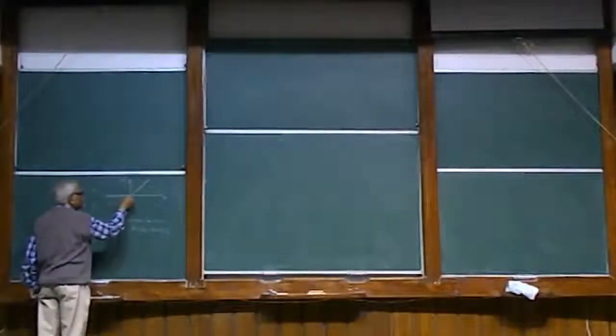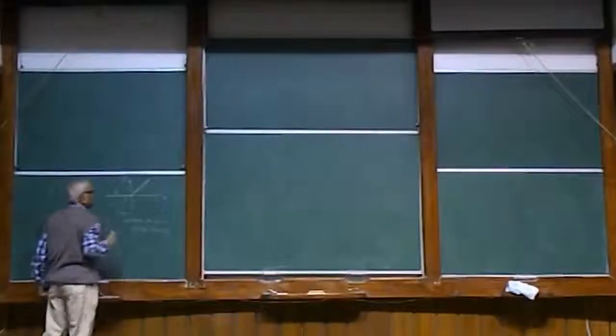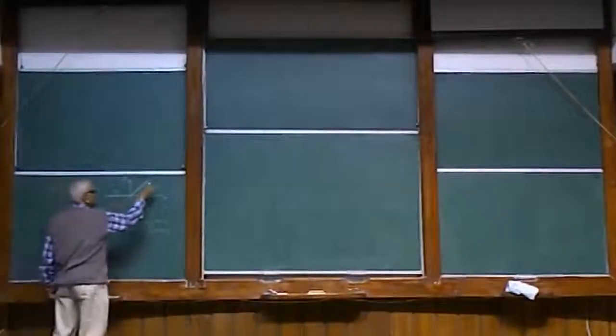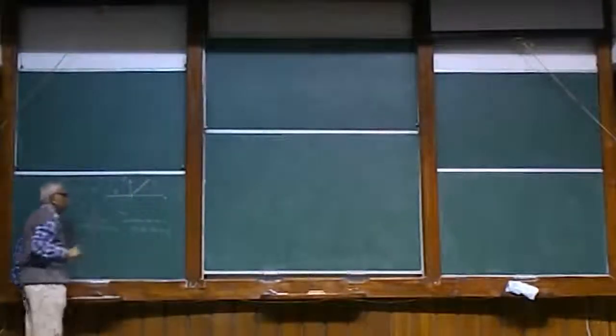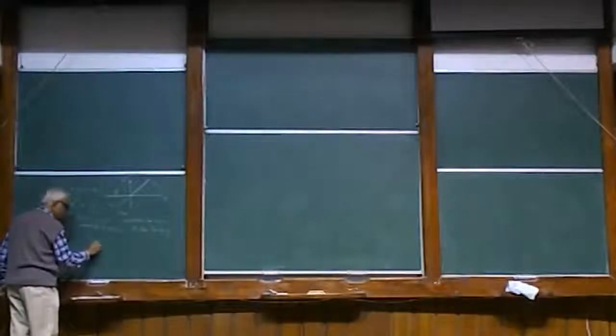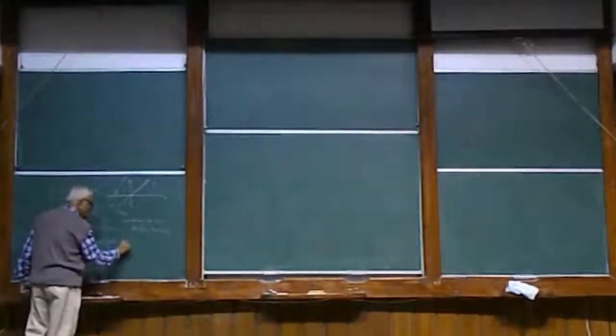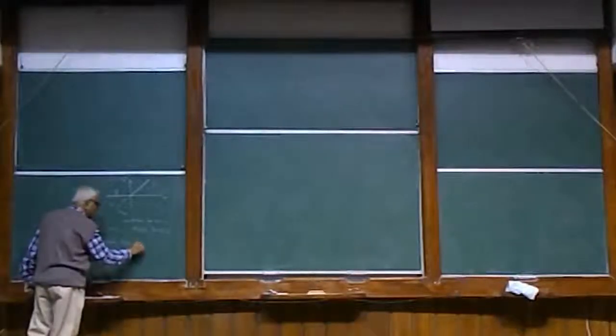This was stable for R less than 0, and this becomes stable for R greater than 0. This is what we called a bifurcation, and this particular bifurcation was termed transcritical bifurcation.